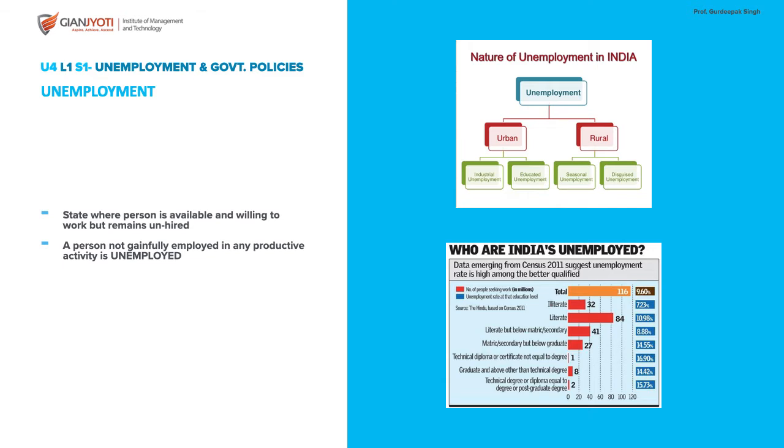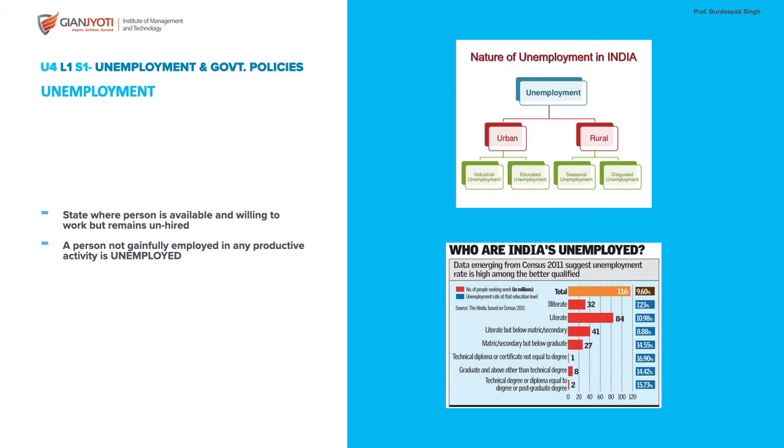So let us have a look at who are India's unemployed. There are different categories, and as per the census 2011, the unemployment rate is high among the better qualified. If you look at these numbers here, illiterate, around 32 million people seek a job and the unemployment rate is 7.23.